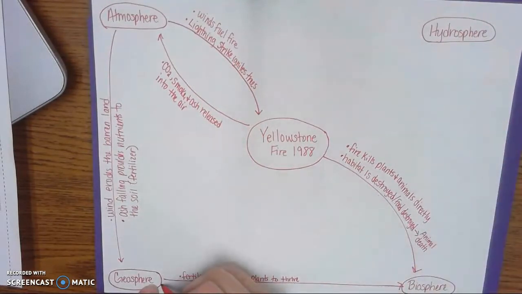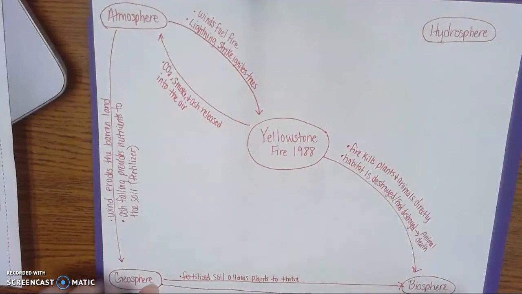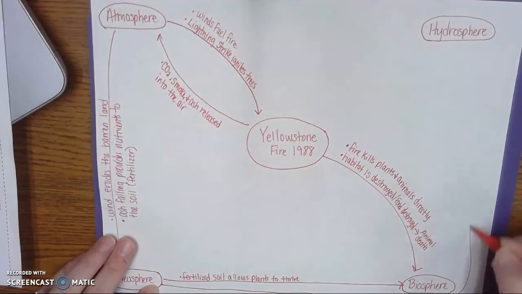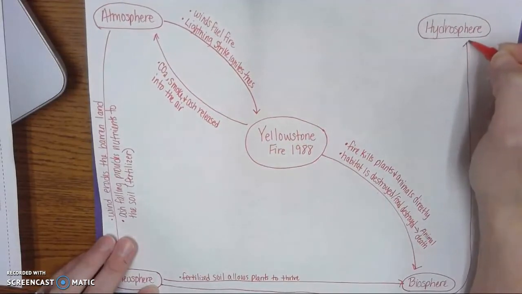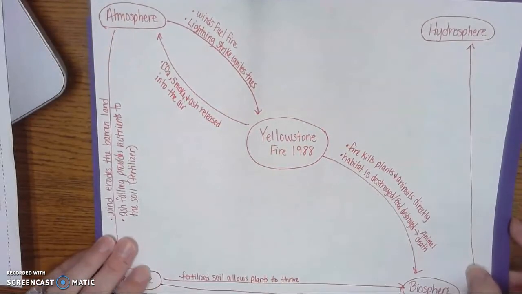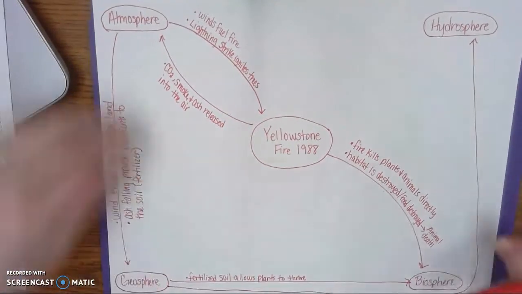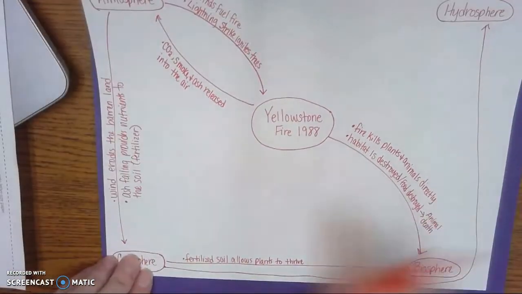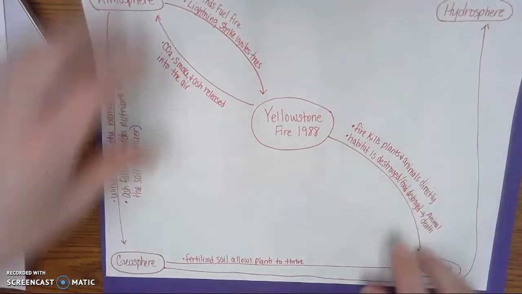So I'm going to draw a nice, beautiful, long line all the way up here. Boom. And then I'm going to turn my paper up over a little bit so you can see. See, I kind of drew it all the way up to the hydrosphere.